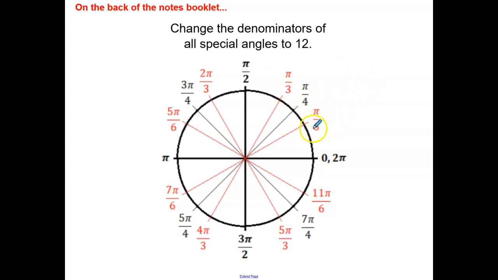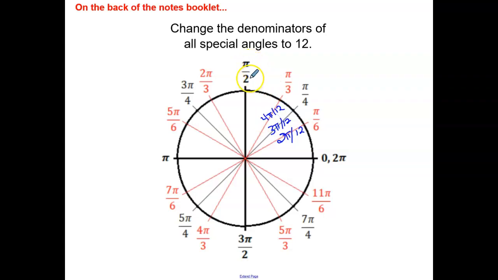So if I'm starting at pi over 6 and I want a denominator of 12, I would multiply the numerator and denominator both by 2, and then that would give me 2 pi over 12. Okay, then pi over 4, I would multiply by 3 over 3 to get 3 pi over 12. Then for pi over 3, that would be 4 pi over 12.